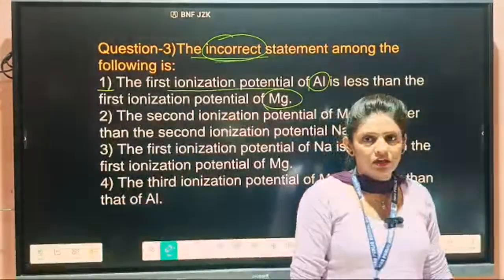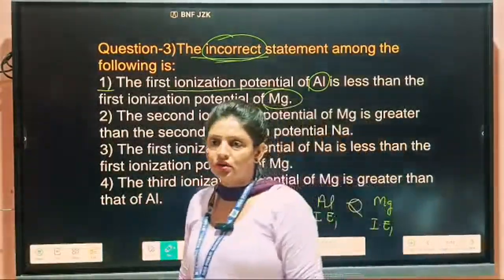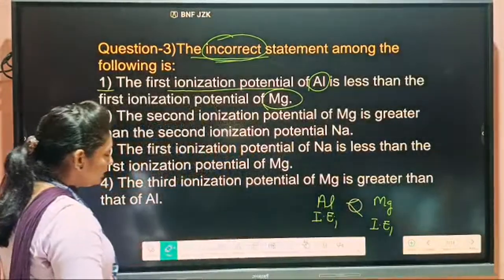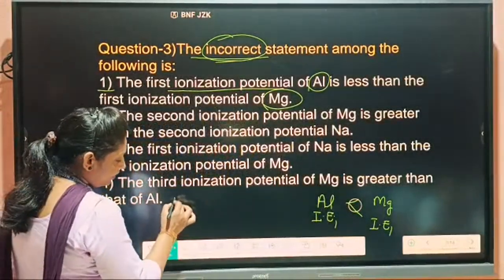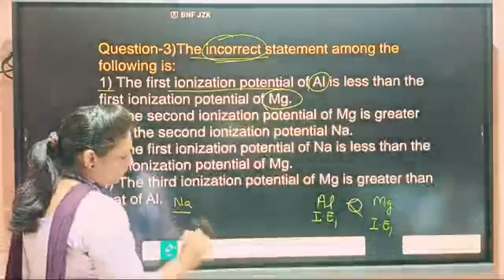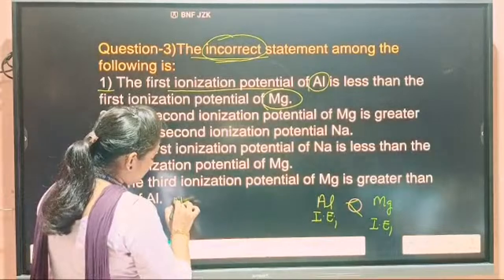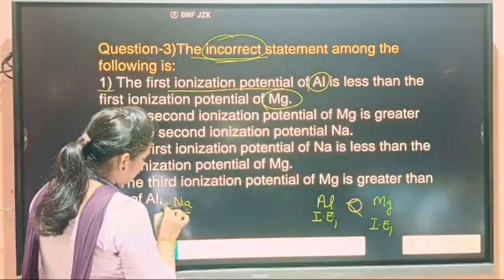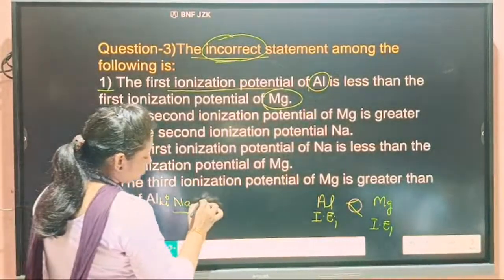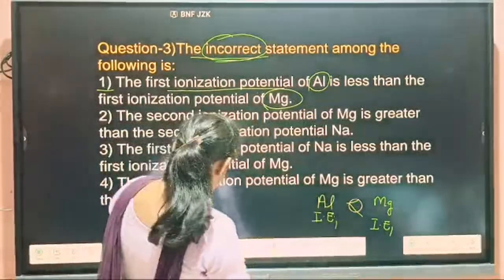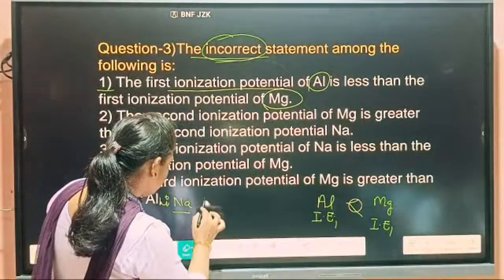Tell me, is this statement correct or not? Students, you see, if we talk about the second period, lithium, sodium, after sodium which one comes? Magnesium, not potassium, beta.